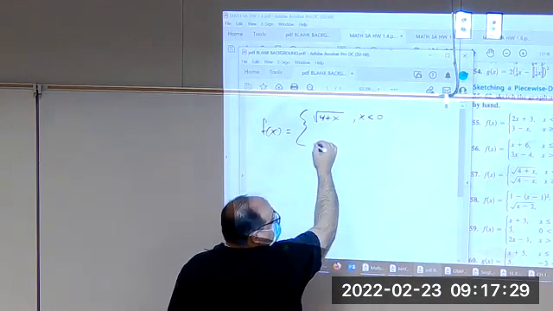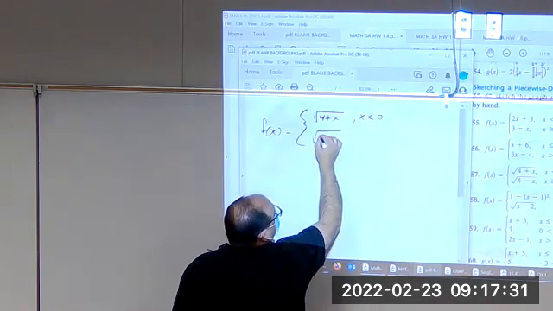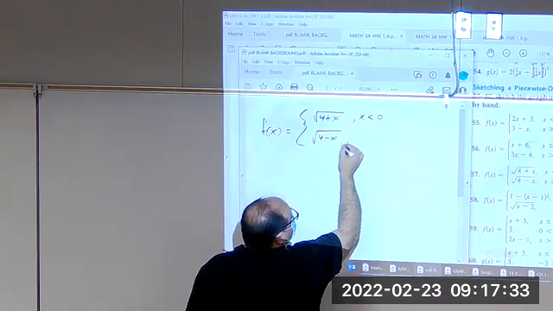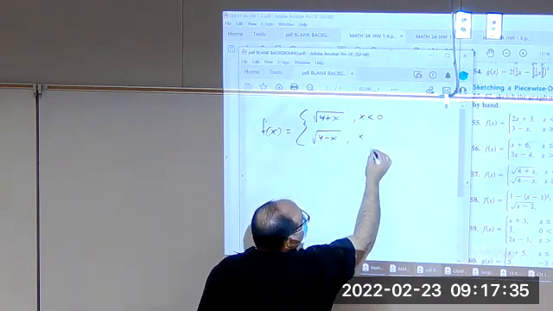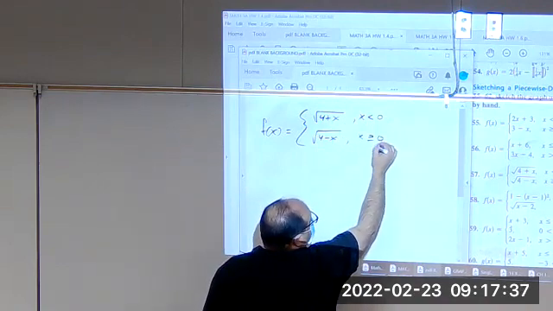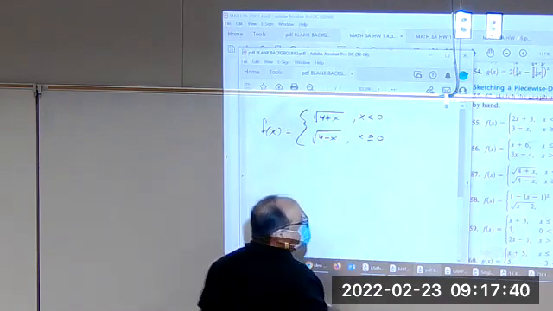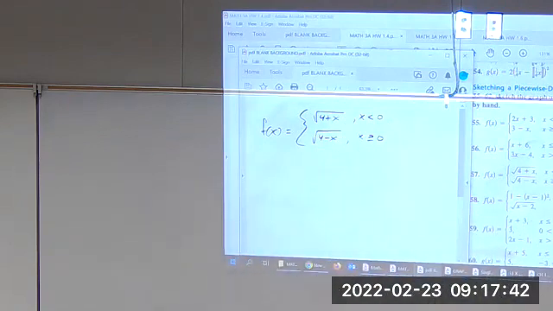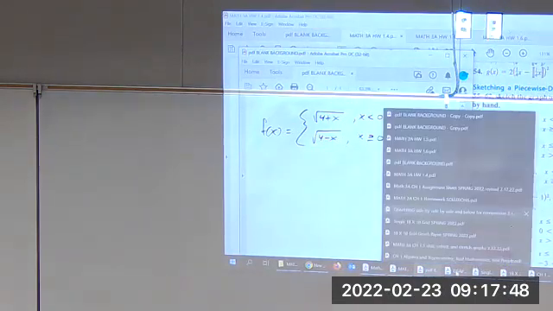And then the function is equal to the square root of 4 minus x, and that's only if you're going to plug in x's that are greater than or equal to 0. So those are your 2 pieces. Less than 0 is to the left, greater than 0 is to the right.